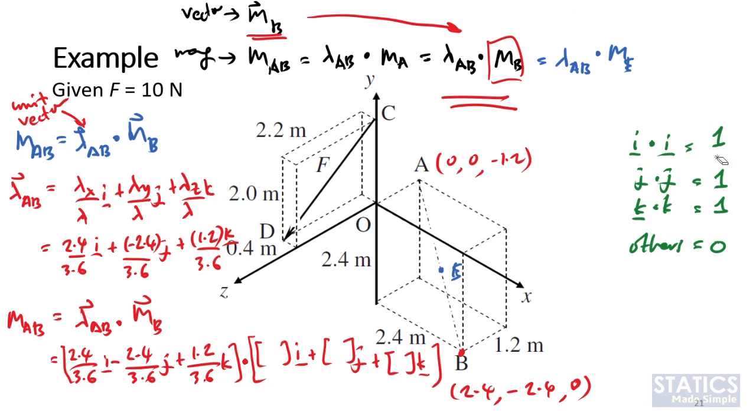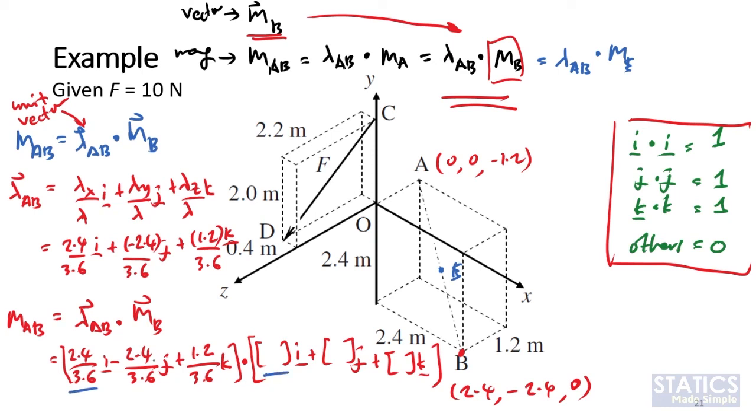So remember that. That means for the value along I, take this part, multiply with this part.